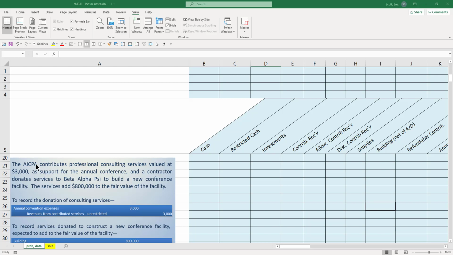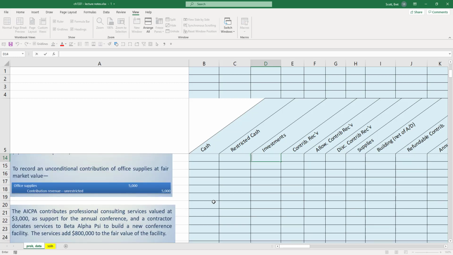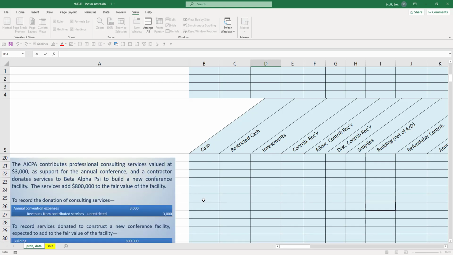The AICPA still exists to this day. You'll probably be a member, and maybe you might contribute, as the AICPA does, to an organization that's a not-for-profit 501c3. The AICPA contributes, in this case, professional consulting services valued at $3,000. What does that mean?